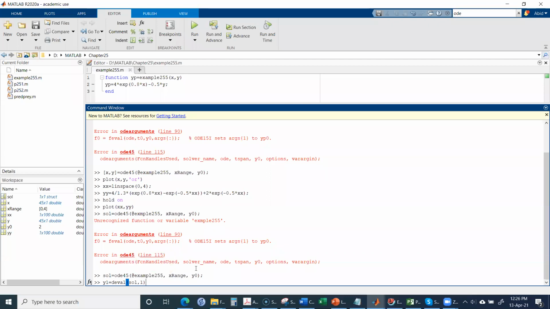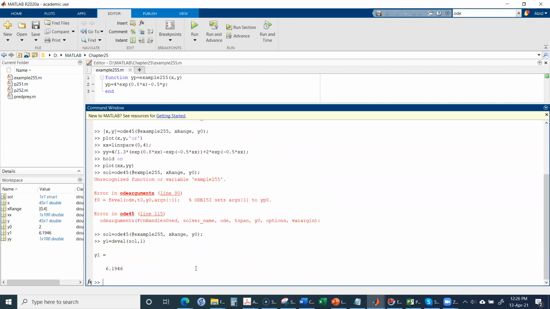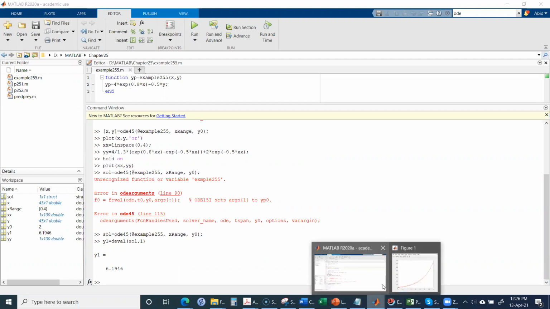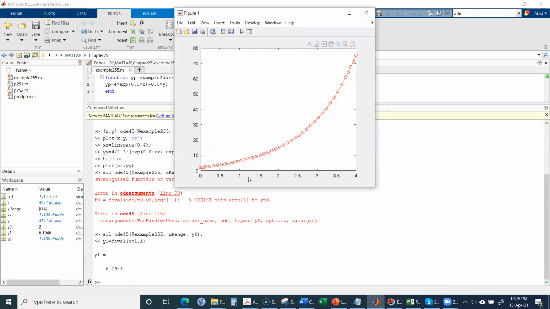Then I hit enter, and I get the value 6.1946 at x is equal to 1. We can also see it from here.